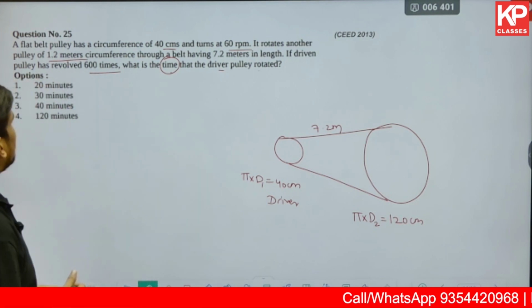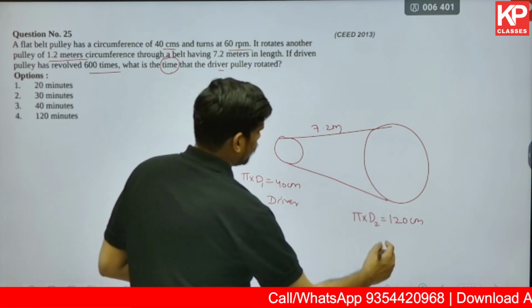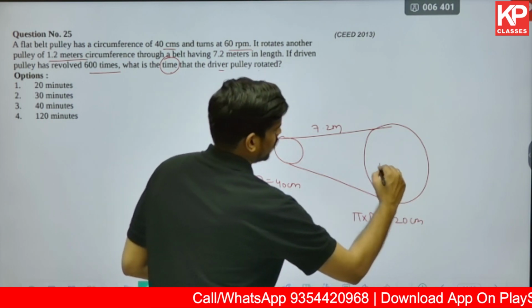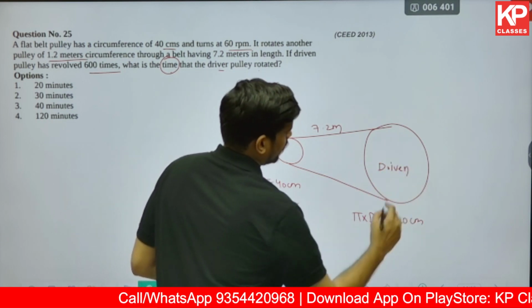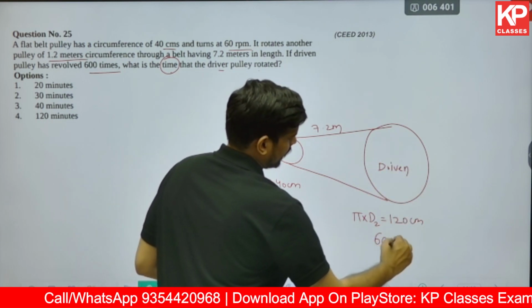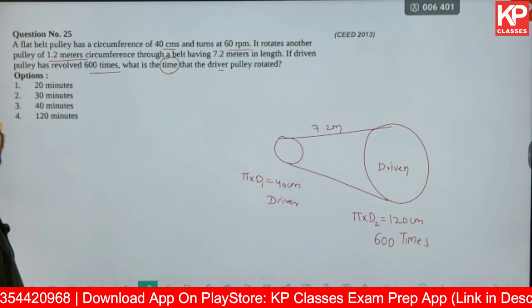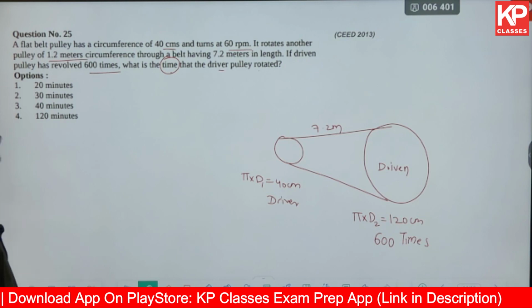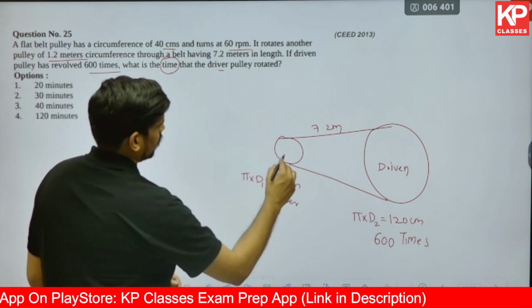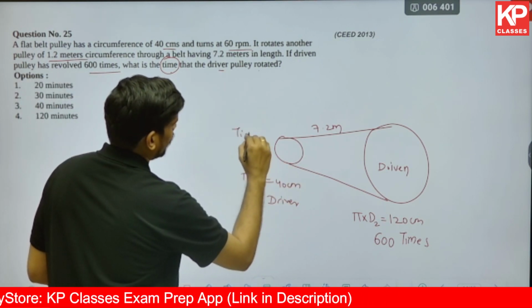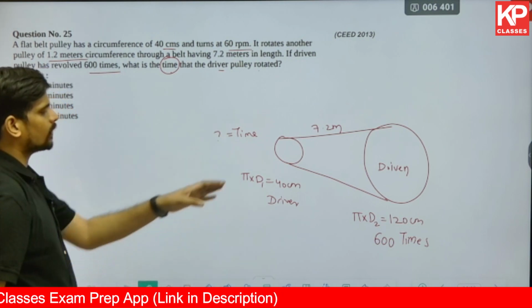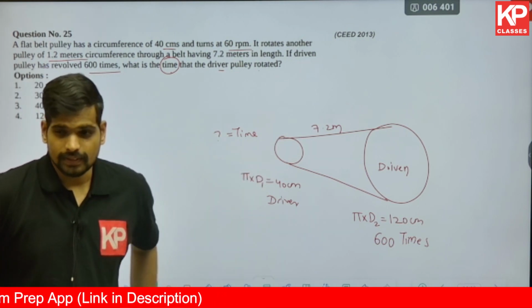If the driven pulley has revolved 600 times, what is the time the driver pulley rotated? For how many minutes is this disc rotating?